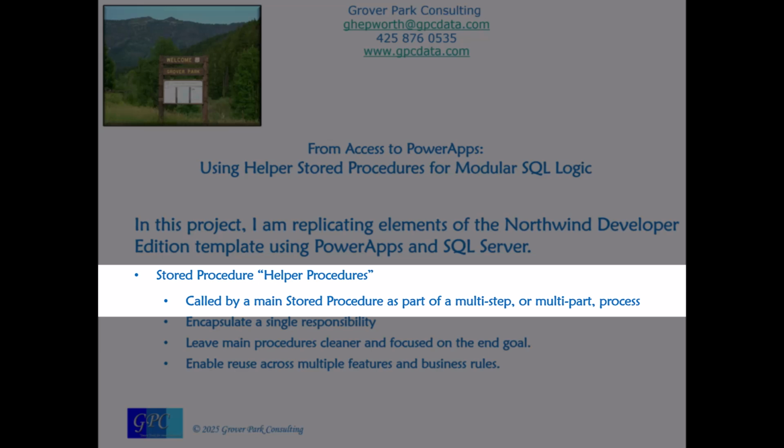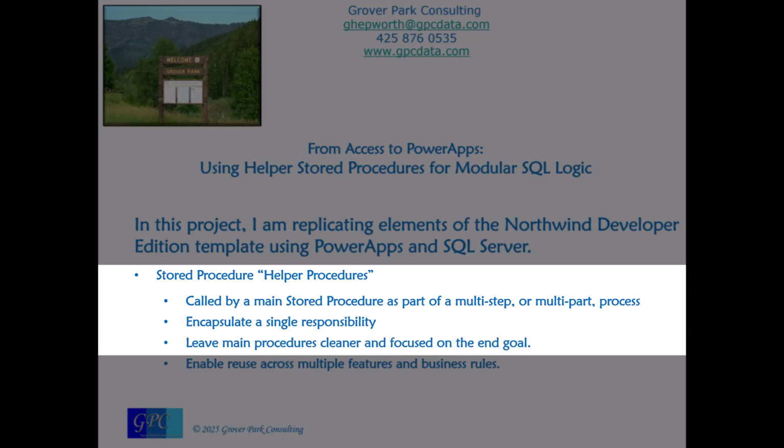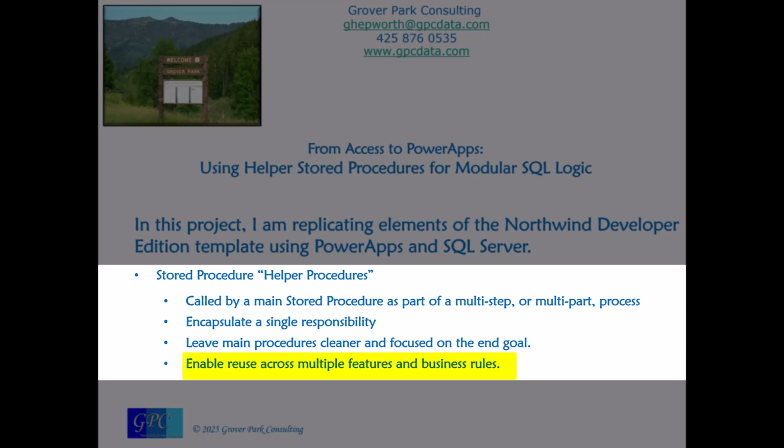Instead of putting everything into one massive, unreadable stored procedure, we encapsulate a single responsibility in each helper step. We make our main procedures cleaner and more focused. We enable reuse across multiple features and business rules.